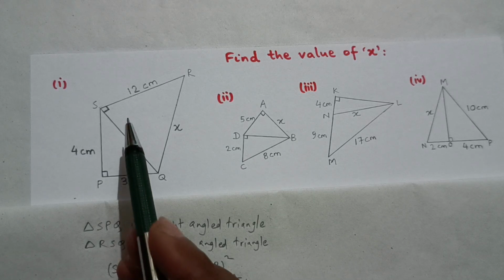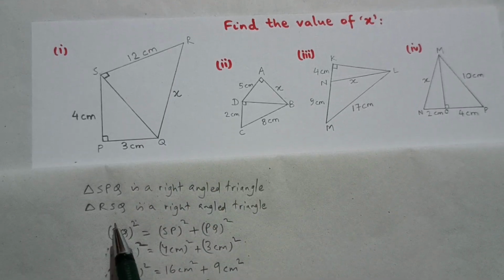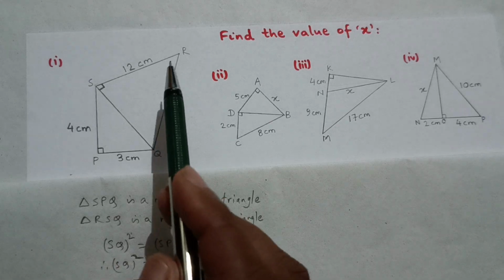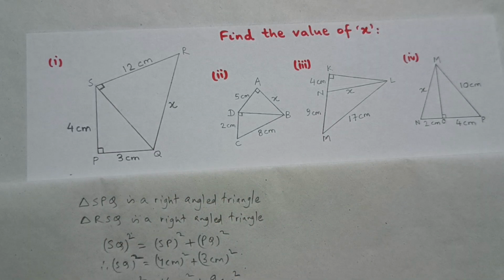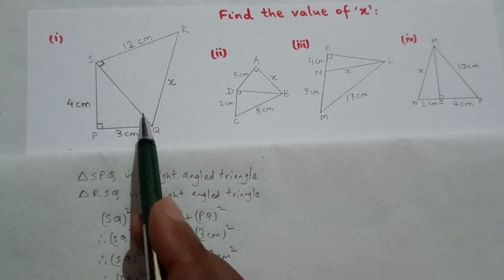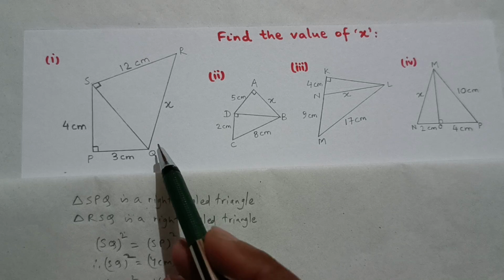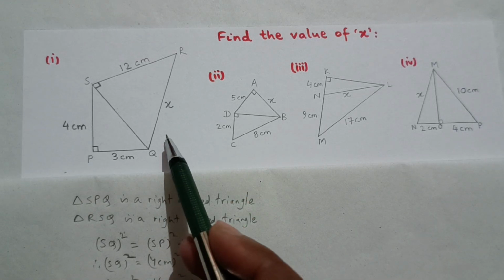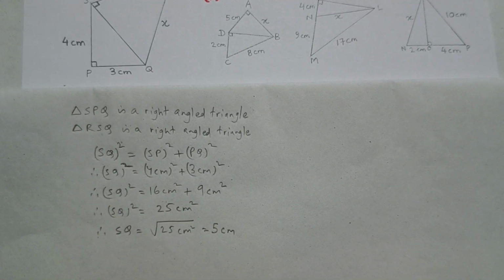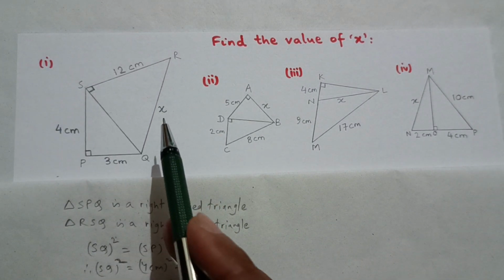In triangle RSQ, we know that it is a right angle triangle. We have already written over here that triangle RSQ is a right angle triangle. We know RS, which is 12 centimeter. We also know SQ, which is 5 centimeter. So now we can find out the value of x by applying Pythagoras theorem in triangle RSQ, which is a right angle triangle.